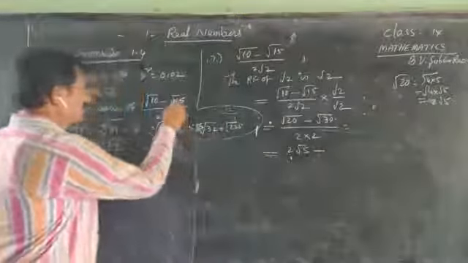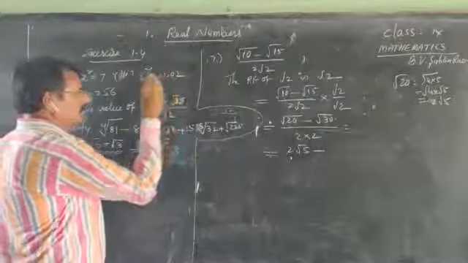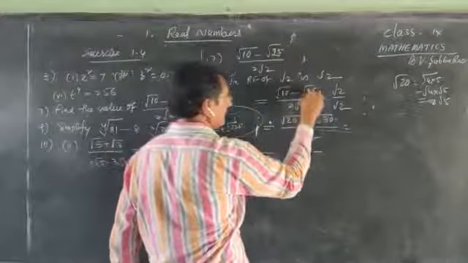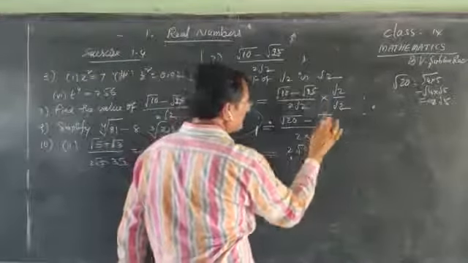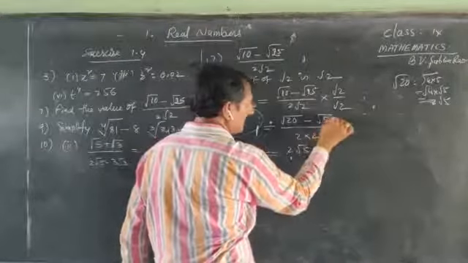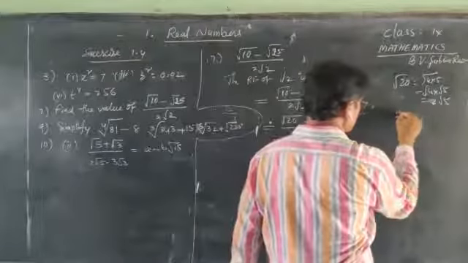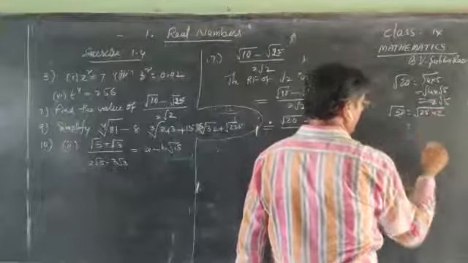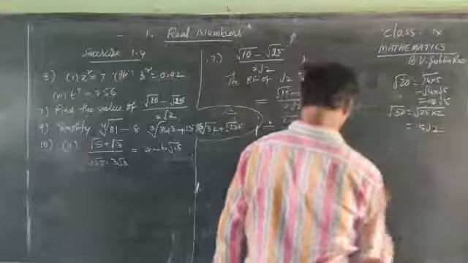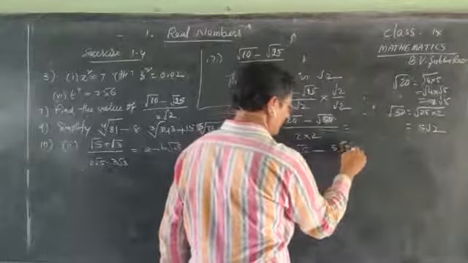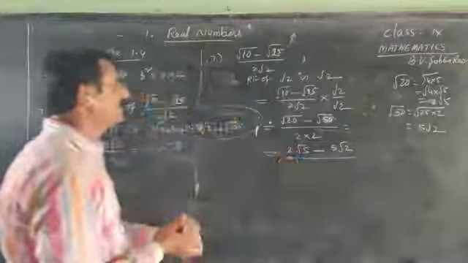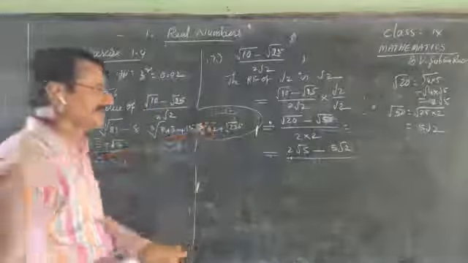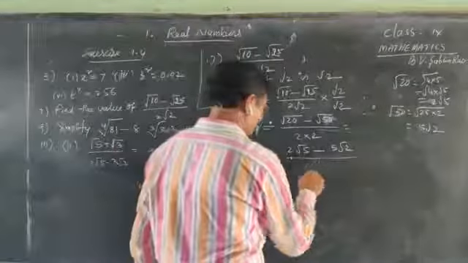If we change this one as 50, we get... We can write root 50 as the root of 25 into 2, equal to 5 root 2. So I think it is a small mistake in the given sum. If it is 25, we can get the sum value by 4.